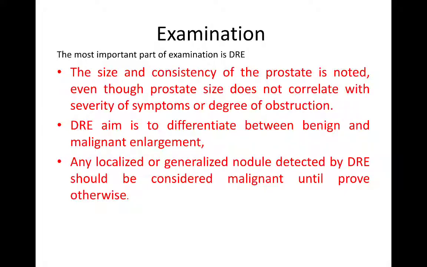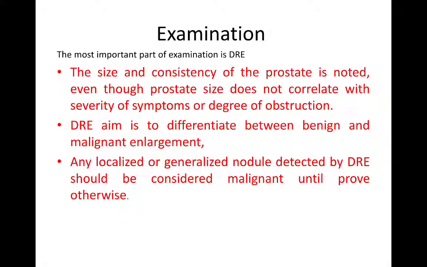However, even though the size and consistency of the prostate gland is noted, the prostate size does not correlate with the severity of symptoms and the degree of obstruction. Sometimes a patient with a small prostate gland gives severe symptoms, and sometimes the prostate is too large and the patient is still asymptomatic.